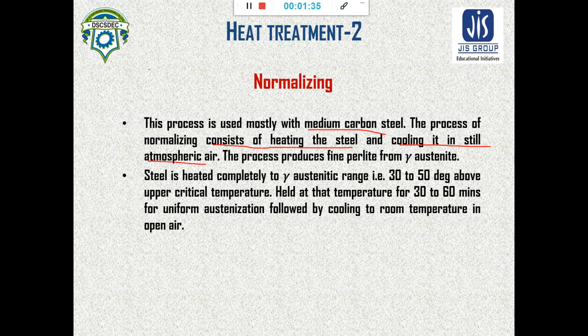As we can remember from annealing, in annealing the cooling is done in the furnace itself, and in normalizing the cooling is done in the atmosphere, that means in still atmospheric air. So this is the process of normalizing.